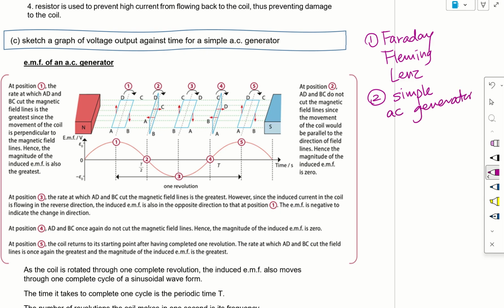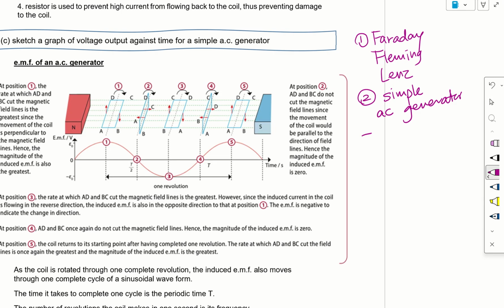You need to know some of the parts, which include a split ring. Sorry, not a split ring. It is a slip ring. And we have two slip rings actually, and we also have two carbon brushes.